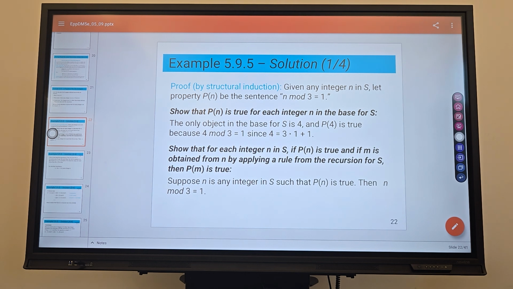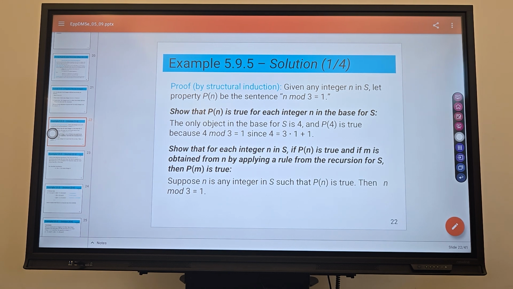Show that for each integer n in S, if P of n is true, and if m is obtained from n by applying a rule from the recursion for S, then P of m is true. So suppose n is any integer in S, not any integer, it has to be in S, such that P of n is true.